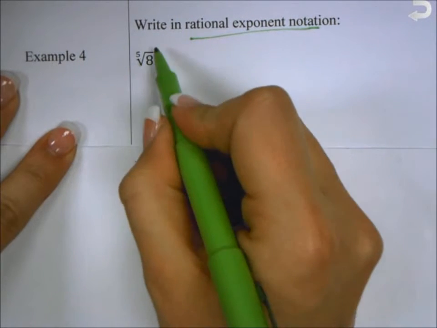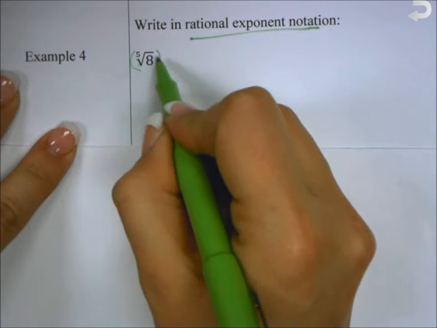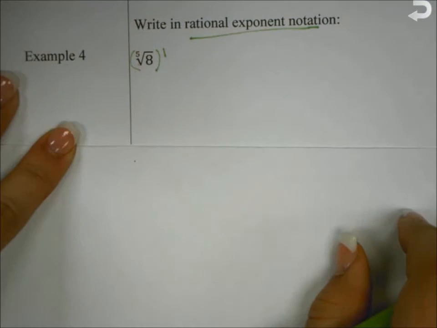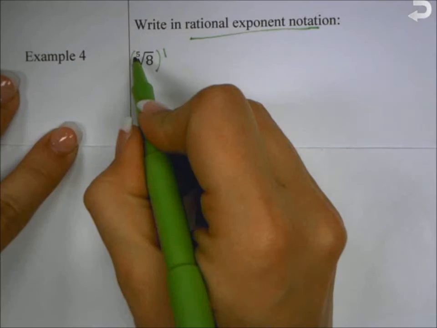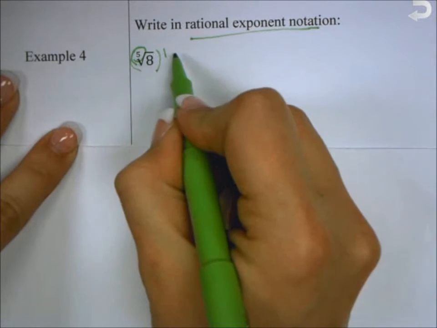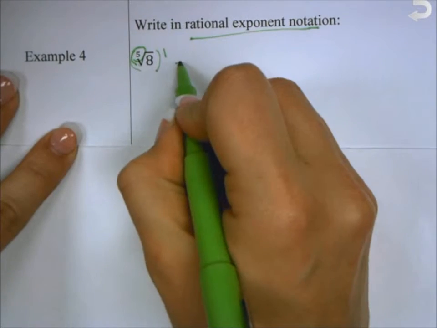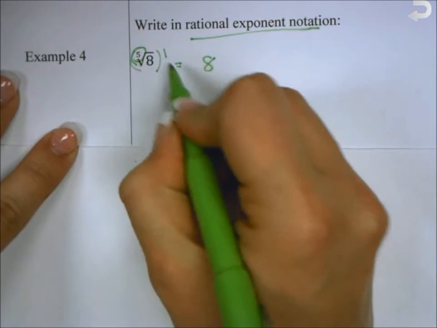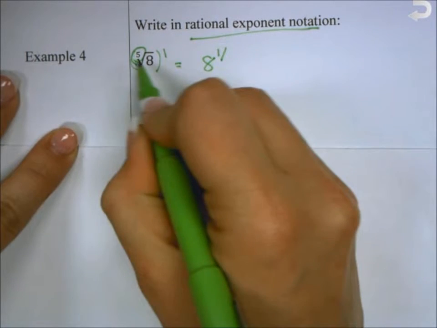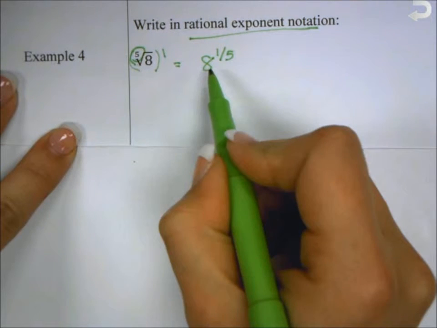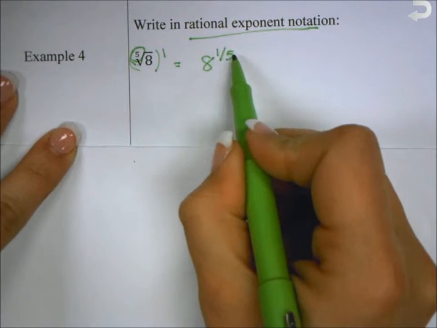So this is going to be the same as 8. Our exponent is 1, and our index is 5. So this is the same as 8 to the 1/5 power. And that's all I'm asked to do, is to write it in exponent notation. And we're done. So let's try another one really quickly.